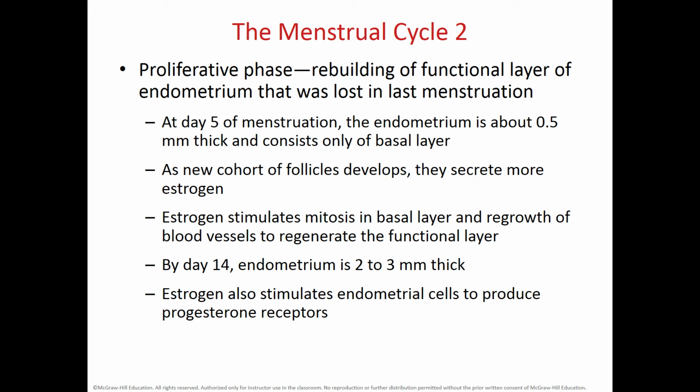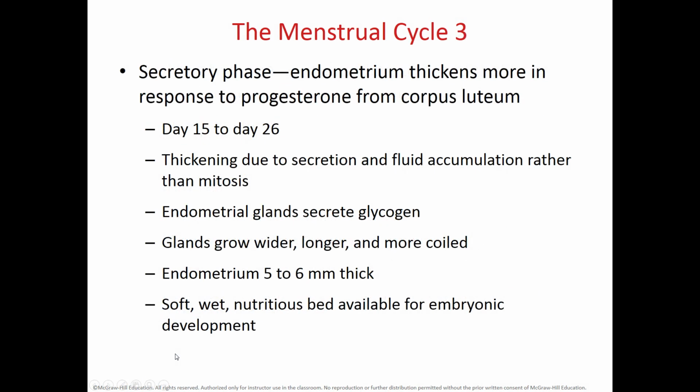By day 14, the endometrium is about 1/8 of an inch, or 2 to 3 millimeters, in thickness. The estrogen also stimulates the endometrial cells to produce progesterone receptors, just in case the female gets pregnant, so you can maintain a good thickness of the endometrium to nourish the fetus.